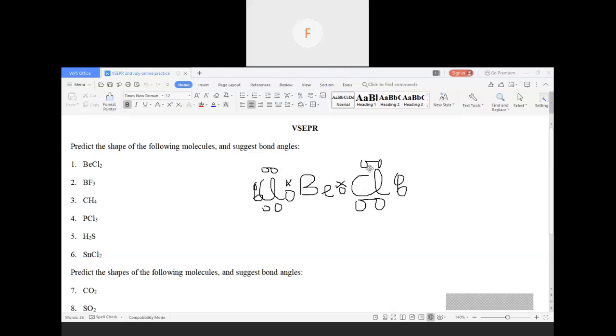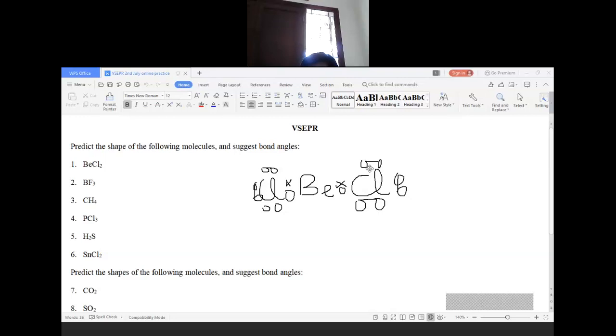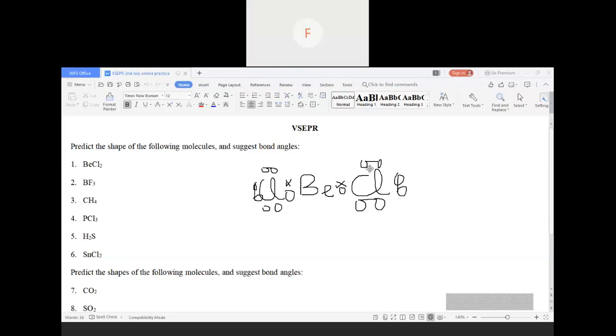Please look at the textbook or the PPT that I attached on the Google Classroom. What is the bond angle? 180, linear. 180 degrees, linear.